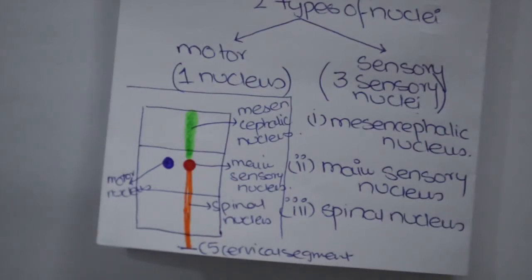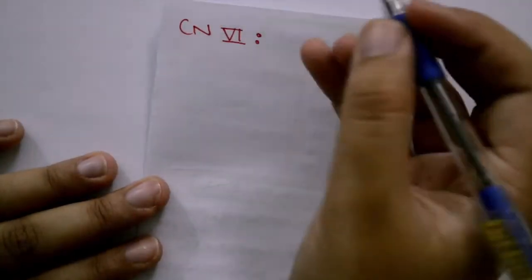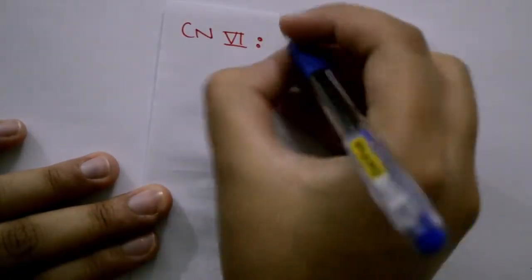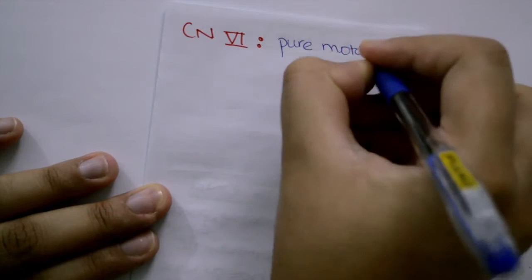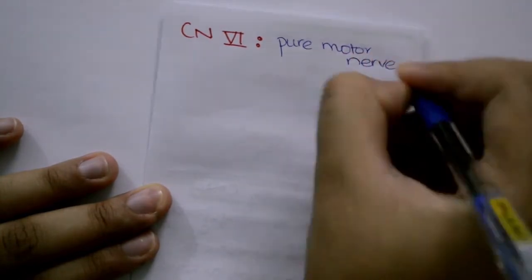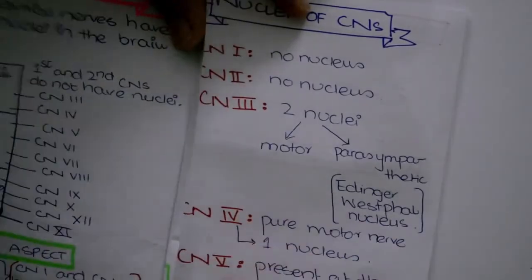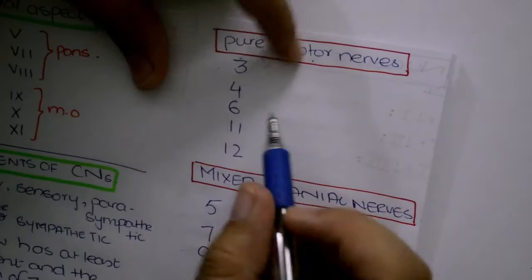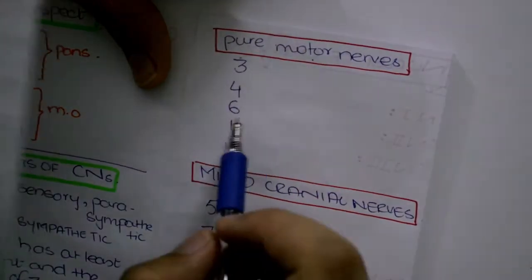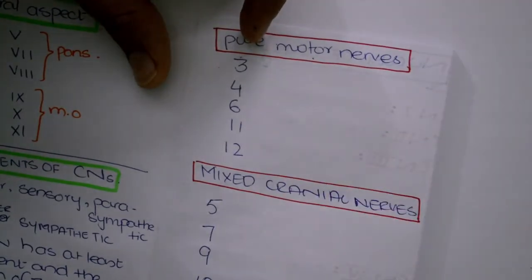Now we'll do the sixth cranial nerve, which is the abducens nerve, and this is a pure motor nerve. We know this because when we wrote it down in the pure motor section, we can relate again.